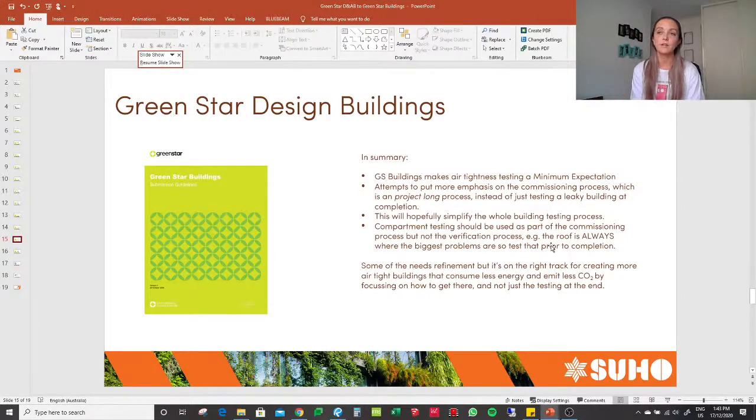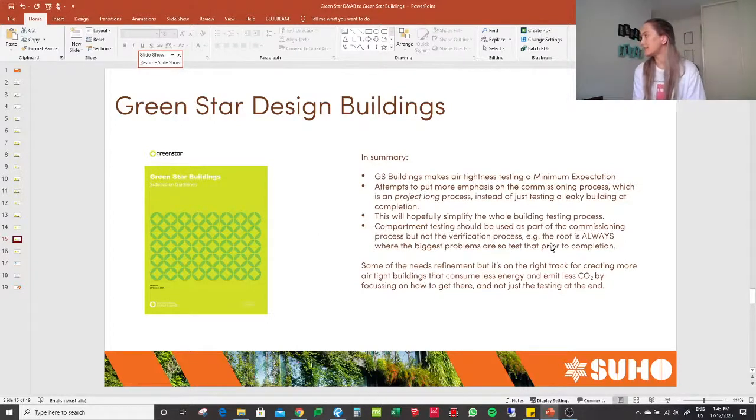So that is going to create better buildings just by having that process, just by identifying an air barrier and talking to the tradespeople about how to put the building together and what the intention is and that a test is going to be done. All those sorts of things are going to create better buildings, which in turn is going to make testing easier for us, because a tighter building is much easier to test.